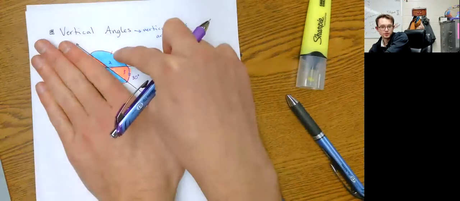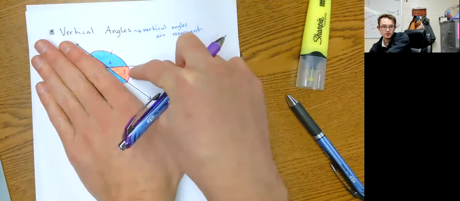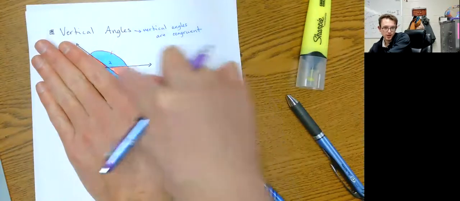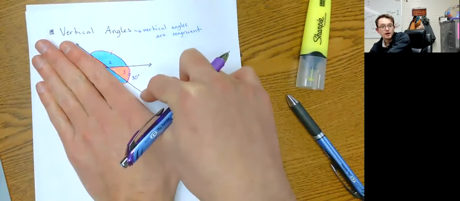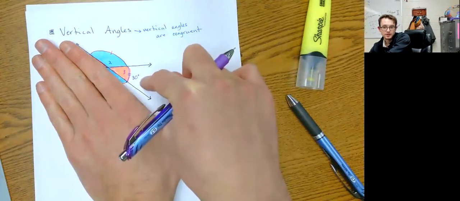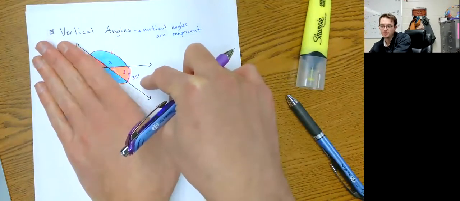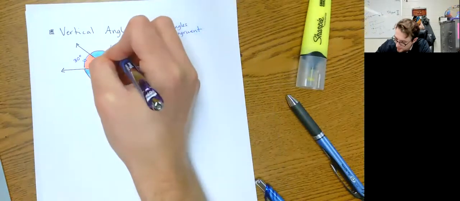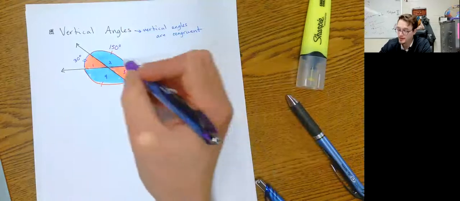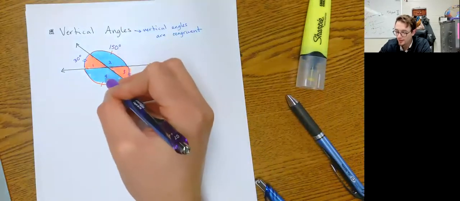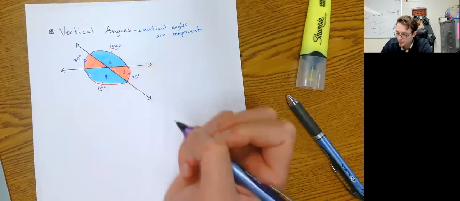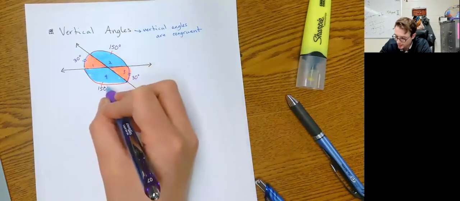Isn't angle 2 and angle 3 a linear pair? This pair of angles makes a straight angle, makes a line, they form a line, linear pair. So what do I add to 30 degrees to get 180? 150. Well, if that's 150 and angle 4 is vertical of angle 2, that's 150 also.